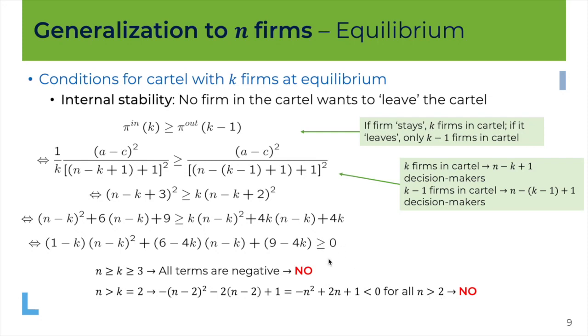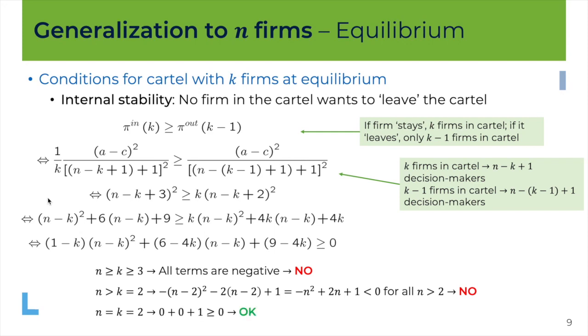So again, the positive sign that we needed here is not reached. Okay, remember what that means. It means that the profit for a firm in the cartel with k firms in the cartel is strictly less than the profit that this firm would obtain if it was leaving the cartel. So again, that means that we don't have a Nash equilibrium with k firms in the cartel.